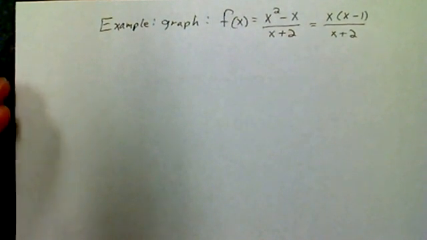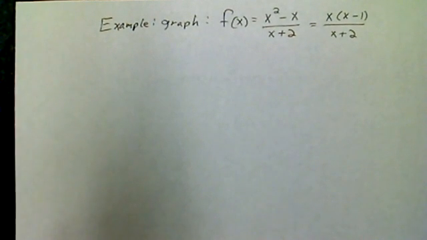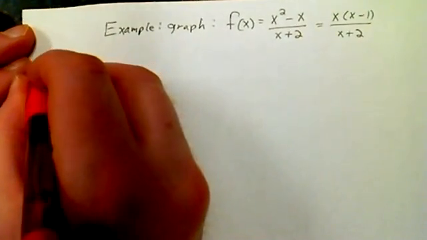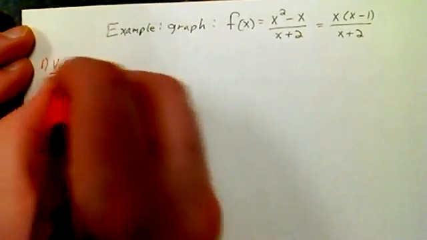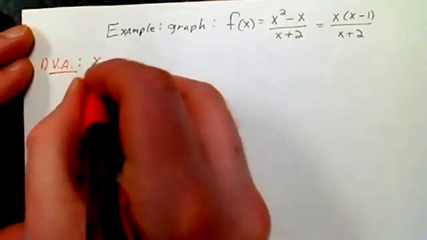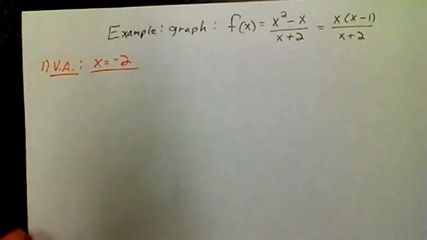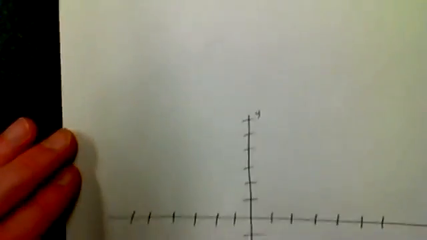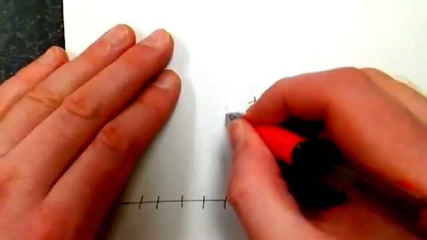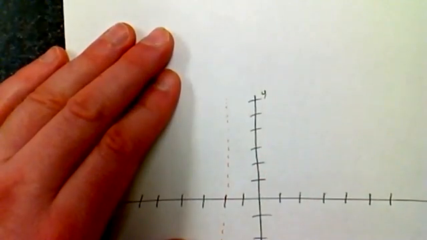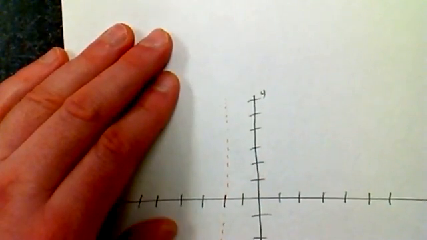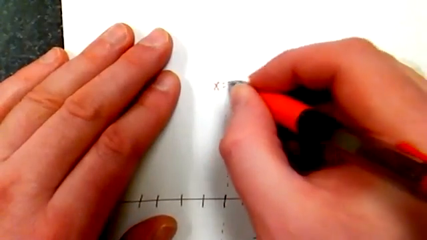So I'm going to go through my checklist and see about graphing this. So I guess the first thing I'll do is see what my vertical asymptotes are. And it looks like I have x equal to -2. Just the 0 of the bottom, that's really no big deal. So I'll go down here at -2, and I'll put that in. The equation of that is x equal to -2.